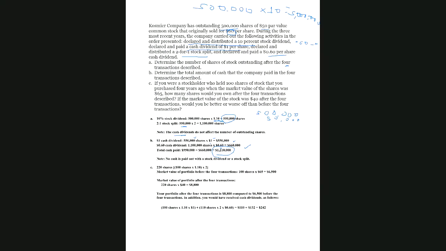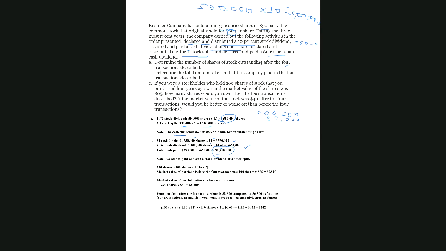So that's really important to track, dollar amounts versus common shares. We had 550,000 common shares outstanding. Then we had the 2-for-1 stock split, and there were 1,100,000 shares outstanding. 1,100,000 shares times the 60 cents equals $660,000.